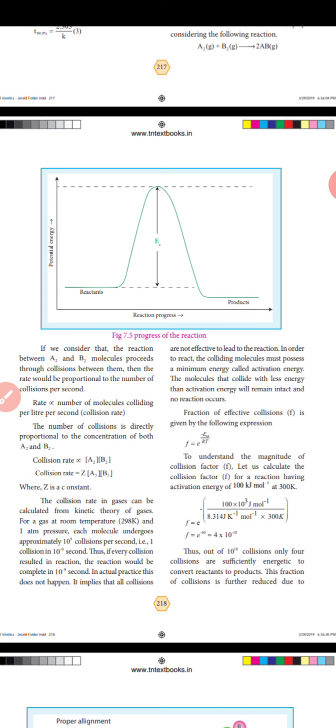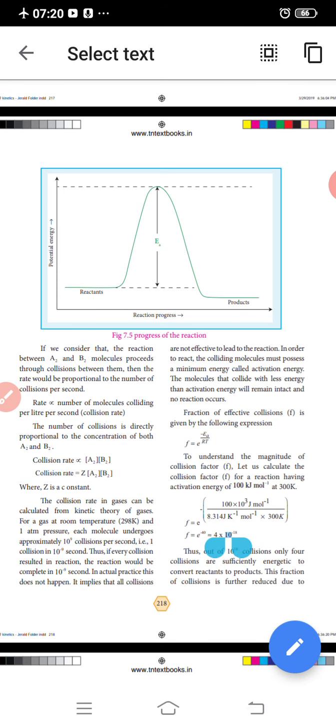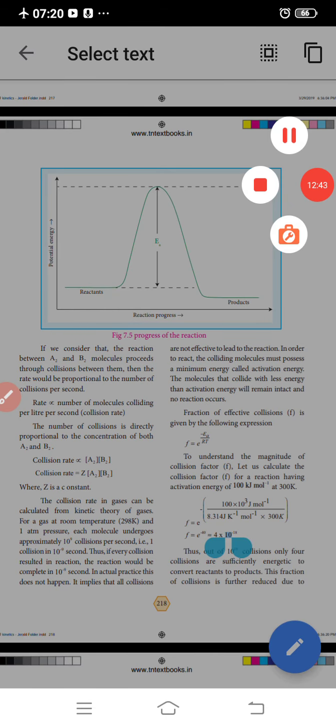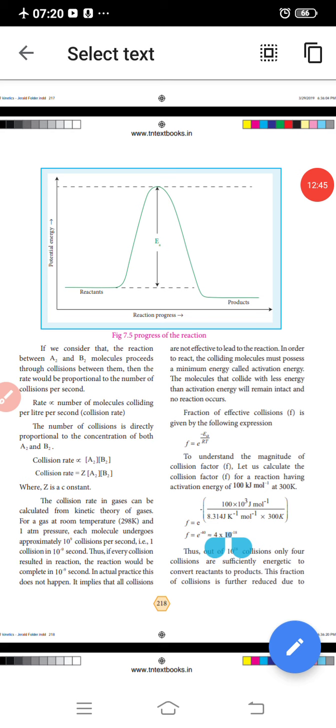Okay, the fraction of effective collisions F is given by the following expression: F is equal to e to the power minus Ea by RT. To understand the magnitude of the collision factor F, let us calculate it for a reaction having activation energy of 100 kilojoule per mole at 300 Kelvin.